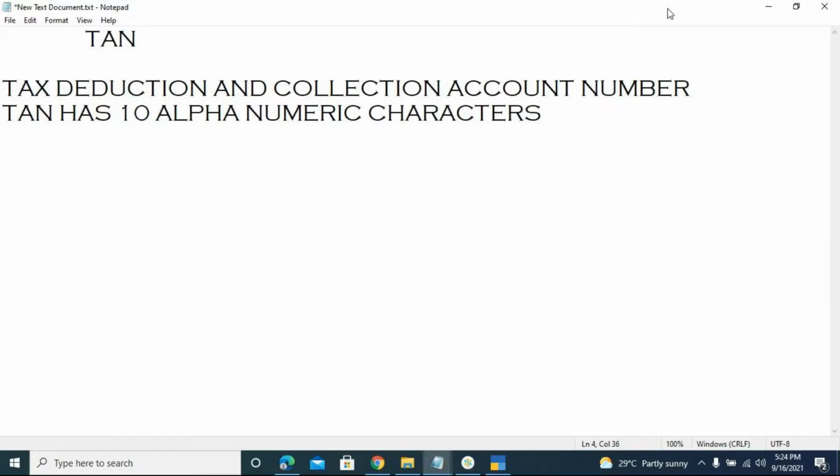So TAN stands for tax deduction and collection account number. TAN has 10 alphanumeric characters. So we have got both alphabets as well as numerics.